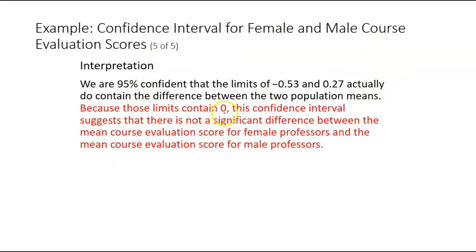Because the limits contain 0, the confidence interval suggests that there is not a significant difference between the mean course evaluation score for female professors and the mean course evaluation score for male professors. Because the difference could be 0, there is no significant difference.